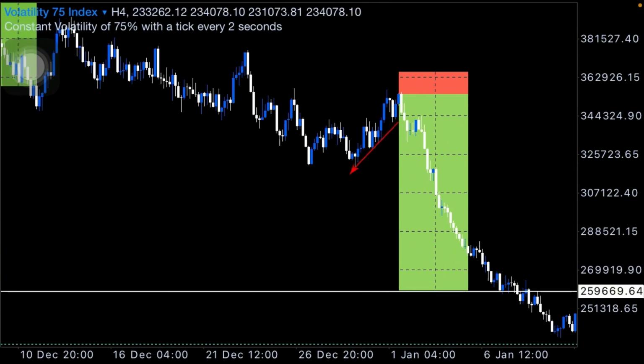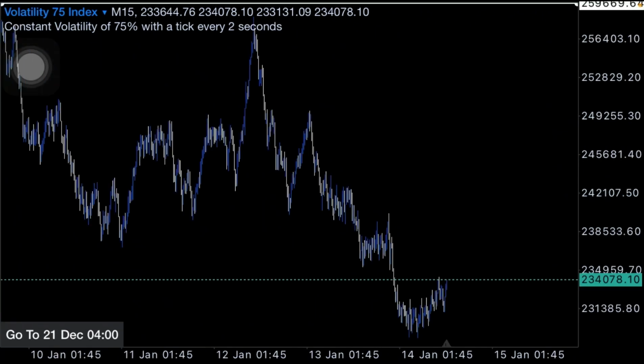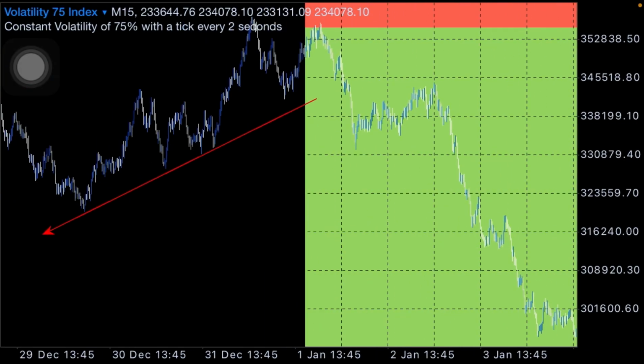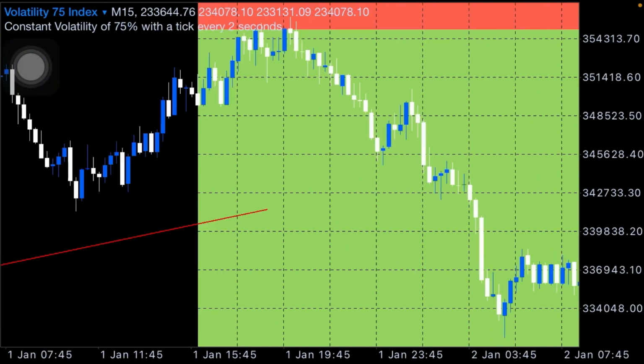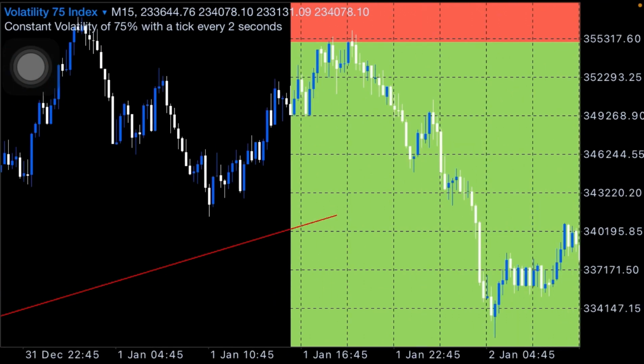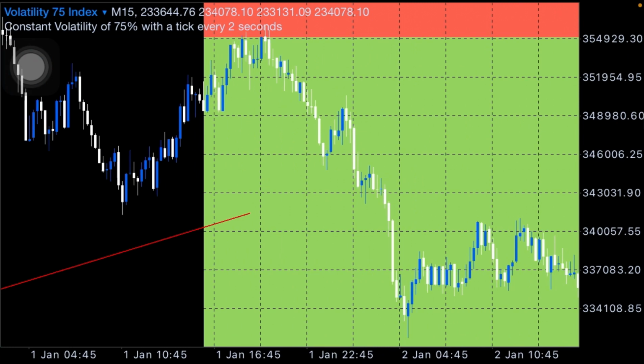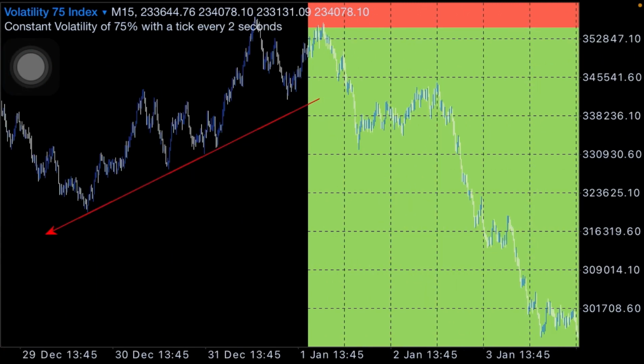So like I said, there you have it. And with this last example, let me go to the 15 minutes time frame and show you. You could see that we have little drawdown. So in this case, if you are risking high, you are going to definitely gain high. So there you have it.